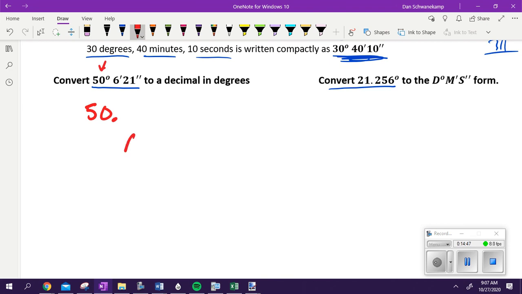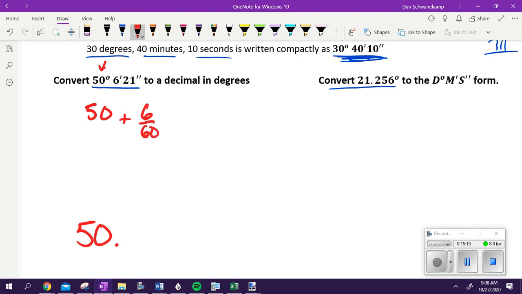And I did 6 times 1/60th for the minute. Let's hang on. So you did 6 times 1/60th. Because we are taking that 6 minutes and we want to convert it back, so we're going to divide by 60. Great. And what else did you do?